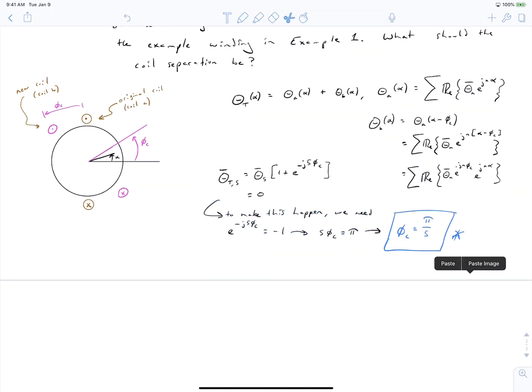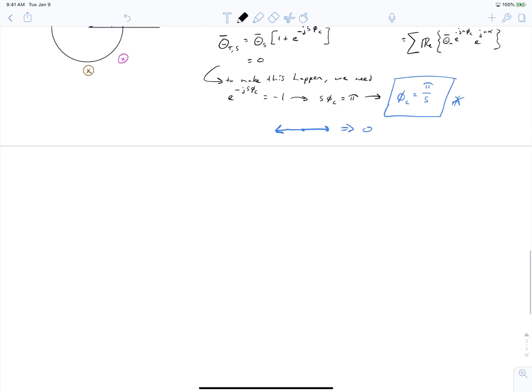And so we observed that in order to make this happen, we need to have our angular separation be pi over 5, because each harmonic is separated by the fundamental separation times the harmonic index. So by doing this, that means the fifth harmonic between the new coil and the original coil are separated by 180 degrees, and since they're the same magnitude, you end up getting two phasors that are equal and opposite, and when you add them, you get 0.